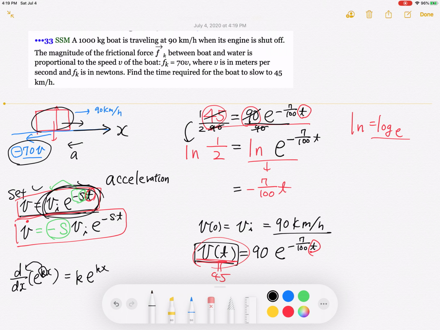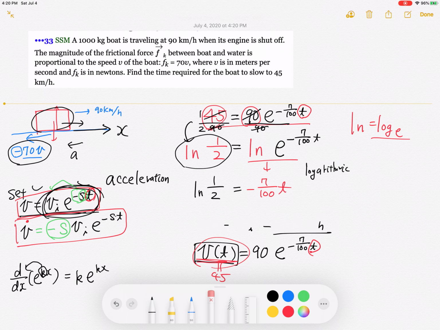If you don't understand it, please review the logarithmic properties. And we need to evaluate this one. Log of 1/2, how much is that? Well, we can use a calculator. But anyway, natural log of 1/2 equals this thing. So we can find t.